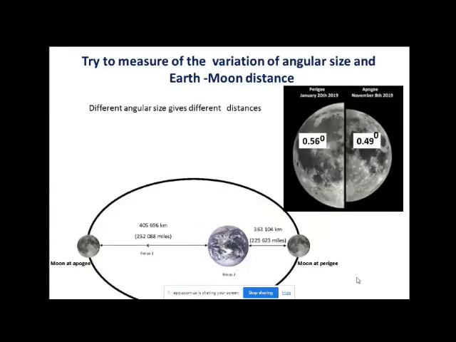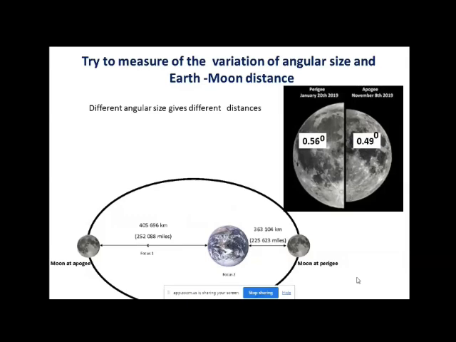And the second thing is, we know the orbital path of the moon is not circular, it is elliptical. So the distance is varying, and the angular size may also vary with position.